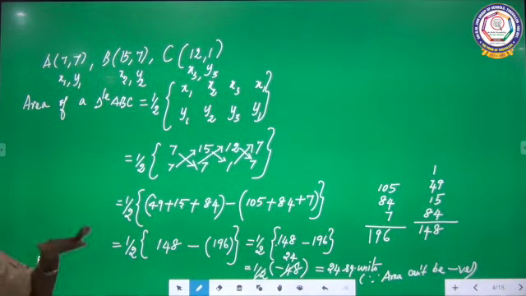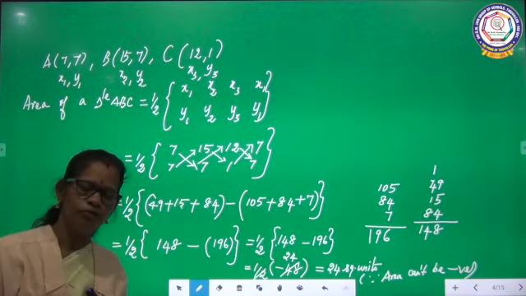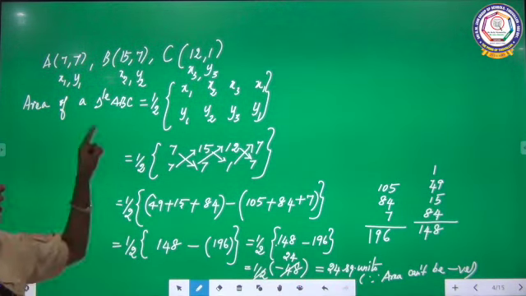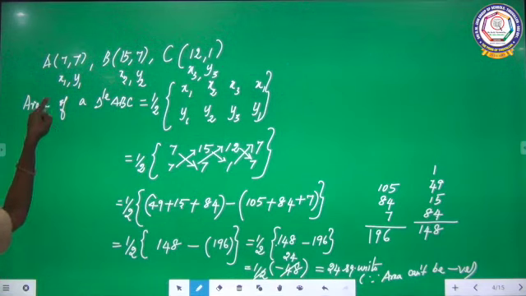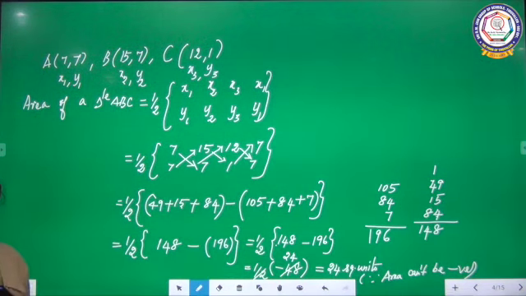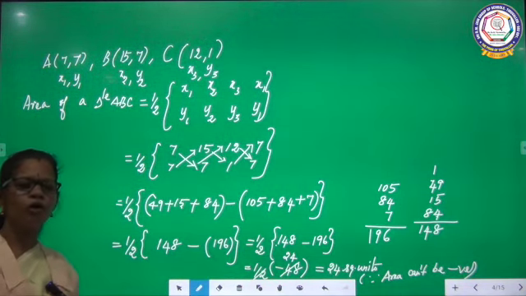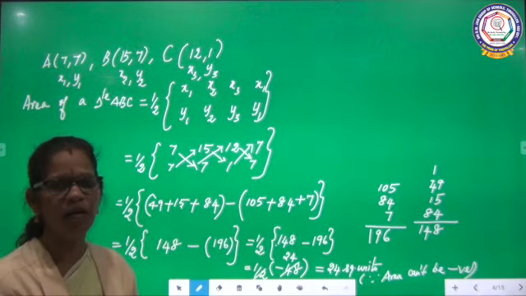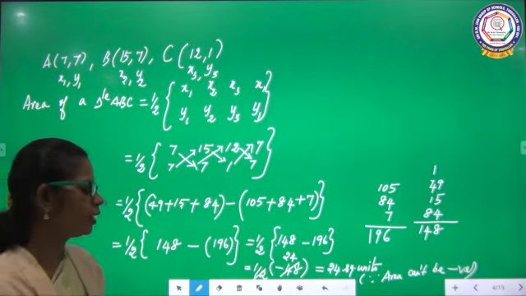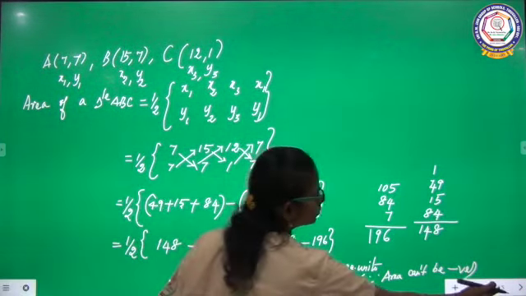First we found the coordinates of the vertices ABC. Next we found area of a triangle ABC. One more thing, we want to find area of a triangle PQR, right? Area of a triangle PQR.